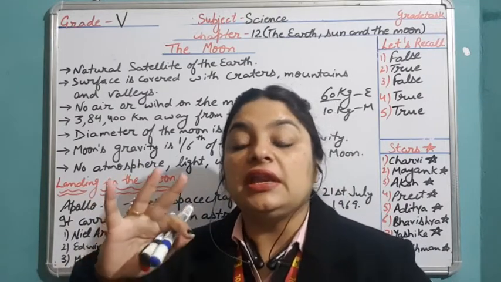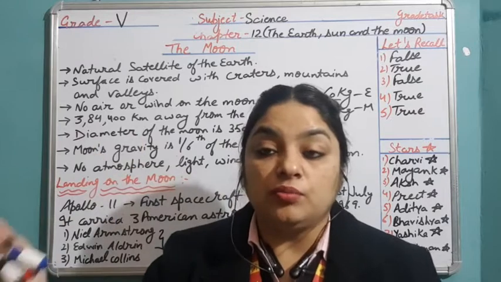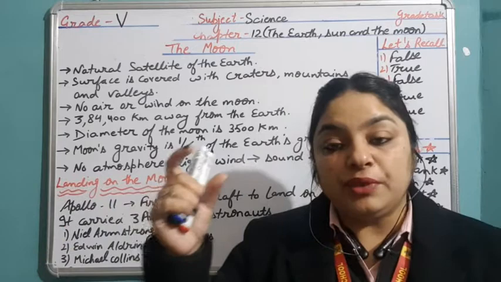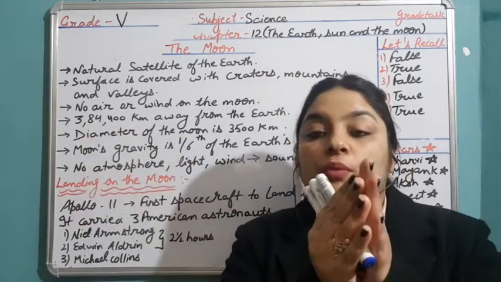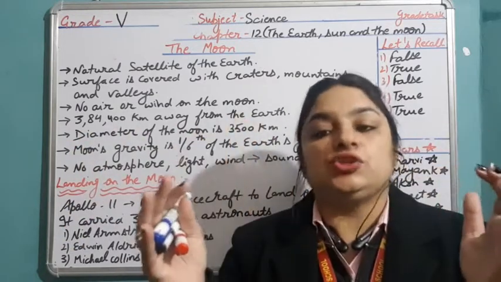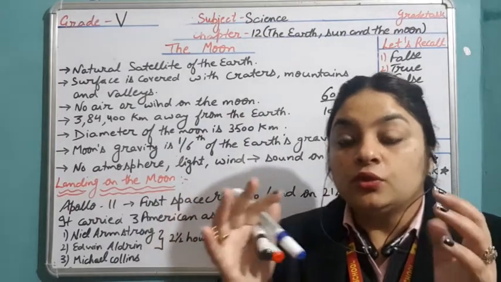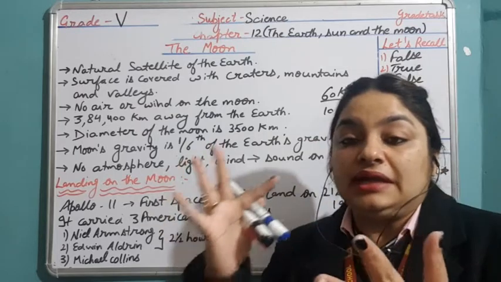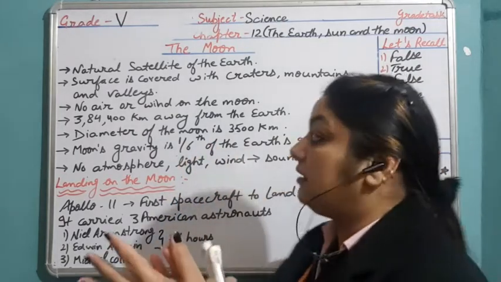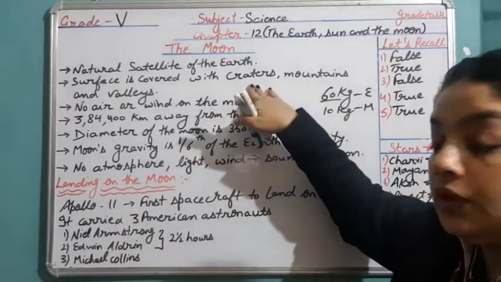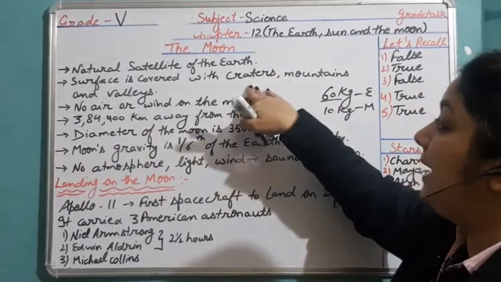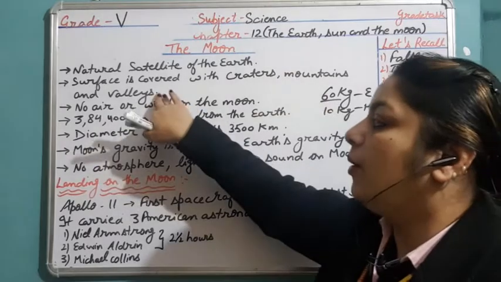While traveling, they can sometimes hit the moon, any satellite or a planet. When these meteorites hit the surface of the moon, they create very large holes. Those large holes created when a meteorite clashes on the surface of the moon are known as craters. So the surface of the moon is covered with craters, mountains and valleys.